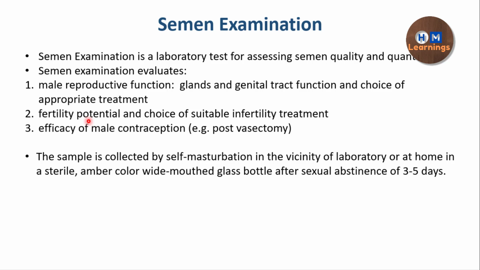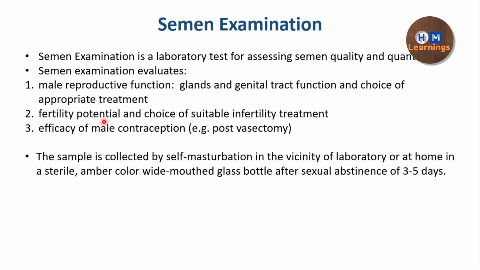Then fertility potential. This is extensively done to assess the fertility status of a male, like what is the percentage or total sperm count in the ejaculated volume, as well as what is the percentage of the normal forms, whether the sperm which is being released has a normal morphology or not.